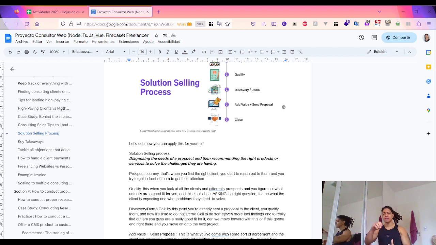Then you do demand discovery calls, when you have already qualified them, to do even more fact finding. And ultimately ask, can we move forward with this, or this is going to end right there, so I can move on to the next project.